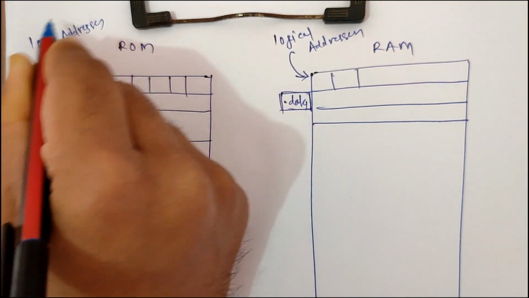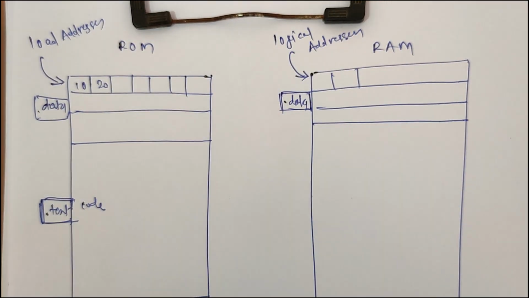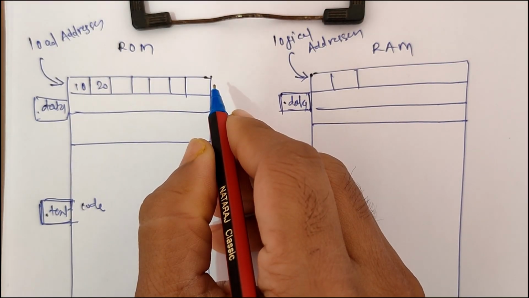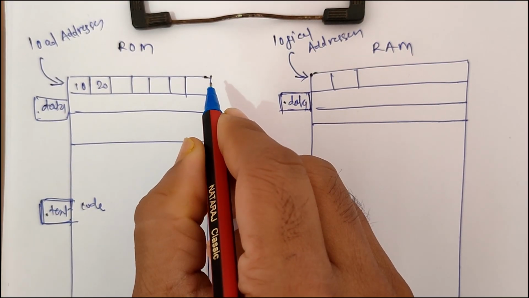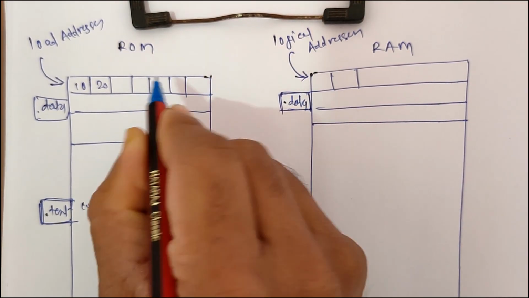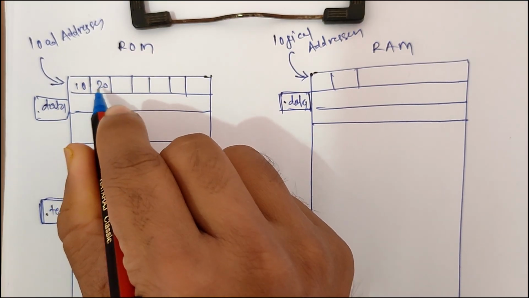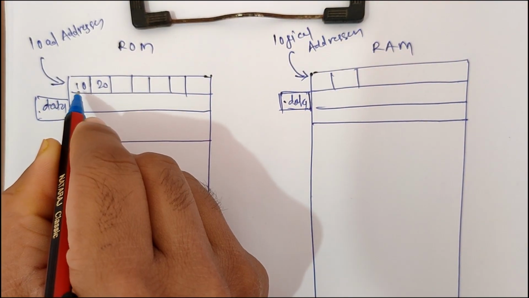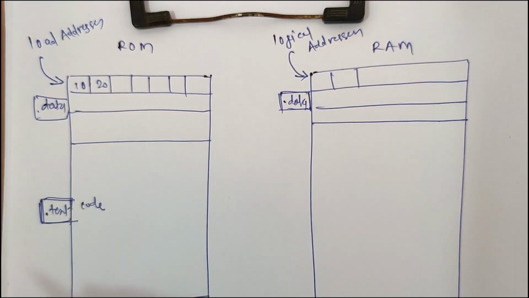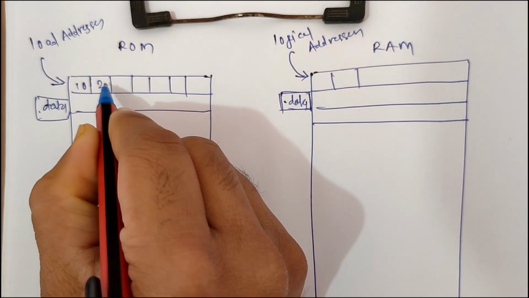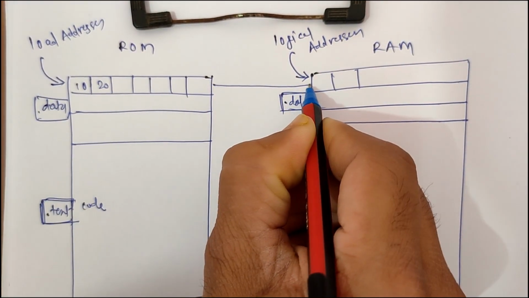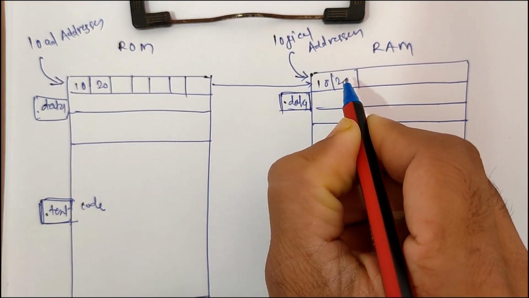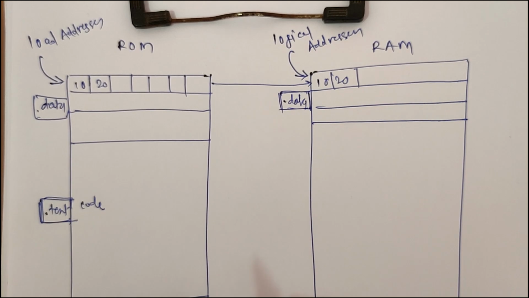These are important terms: load addresses and logical addresses. So during the binary generation, the values from this data section, here 10 and 20, are put from the ROM section into RAM, 10, 20.